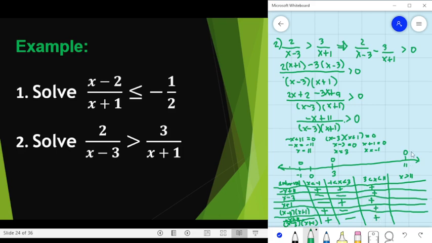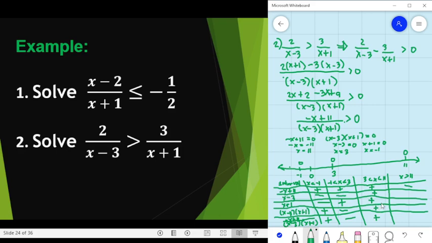Next, for x greater than 11, we will use 12, for example. Negative 12 plus 11 is negative 1, so it's negative. Then 12 minus 3 is 9, so positive. Let's check. Our table is wrong there, the first one should be negative.